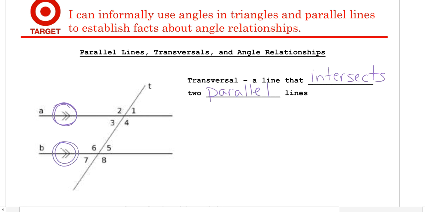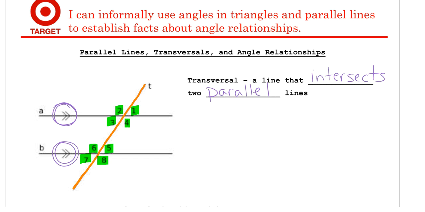That lets us know that A and B are parallel to each other, and they are intersected or cut by the transversal, which is this line here. And when that happens, we have 8 different angles that are formed.